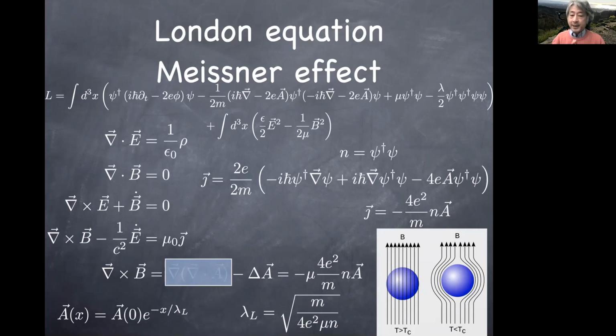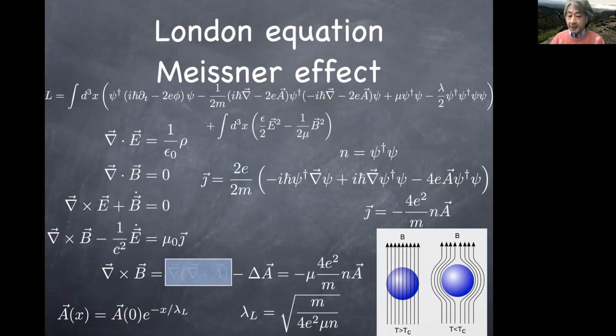But the idea is simply that now we discover, just by introducing the covariant derivatives to a condensate in Schrödinger field theory, you find that magnetic field gets expelled as a consequence of this covariant derivative together with Maxwell's equation.